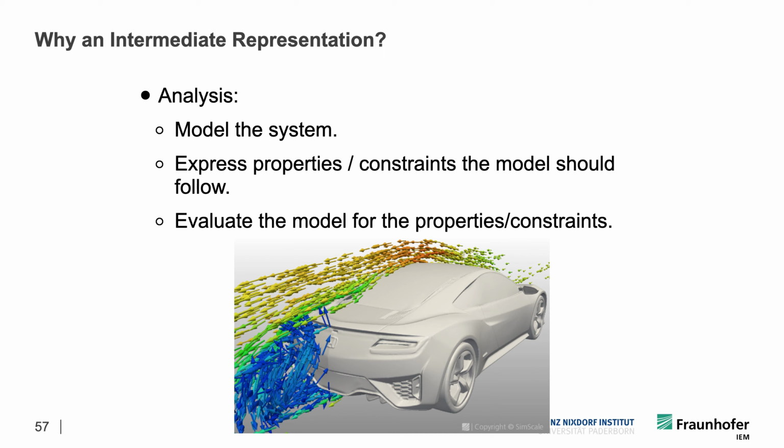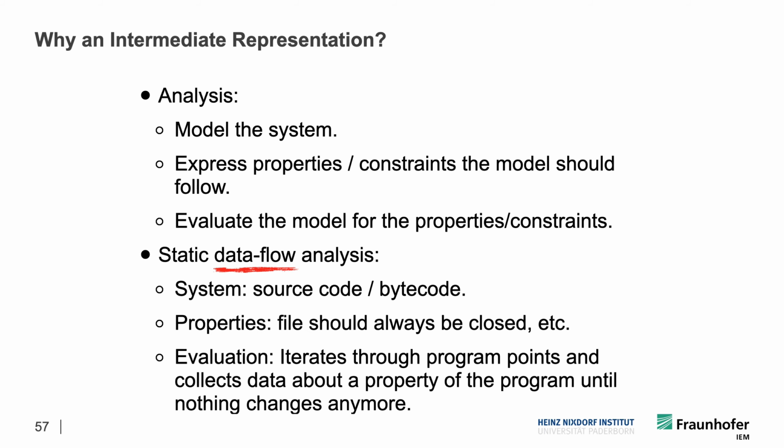Of course, you can also do this live and measure how the car actually behaves. But normally, at least in rapid prototyping, you do this through a model. So there are physical models that you can model in a computer, and then you can determine certain properties of that model.